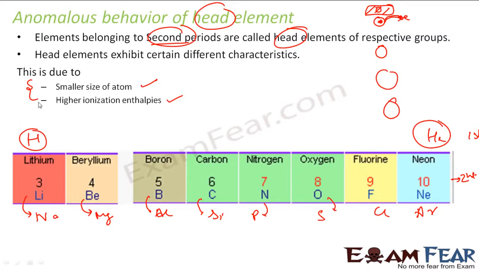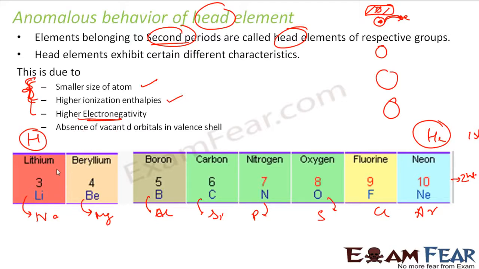So if you don't understand these concepts, I recommend you watch the previous videos where we have discussed the atoms and the trends in the periodic table, right? And also high electronegativity, because they want to lose one electron and become H+, Li+, Be+. So that's why they have different properties.